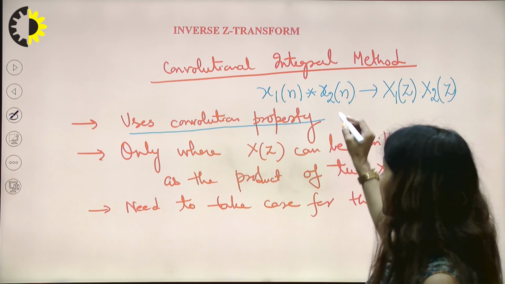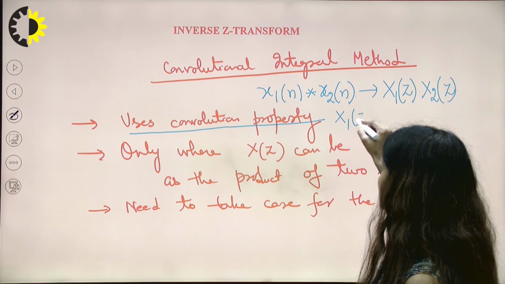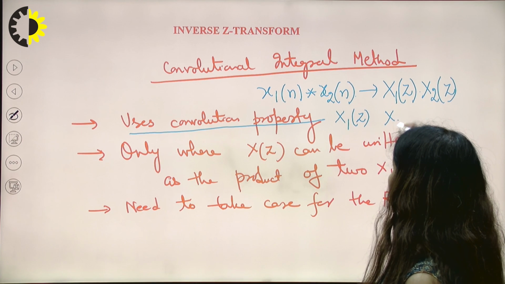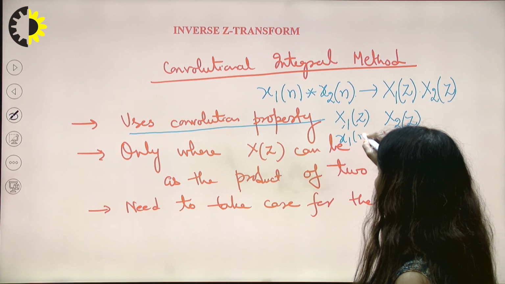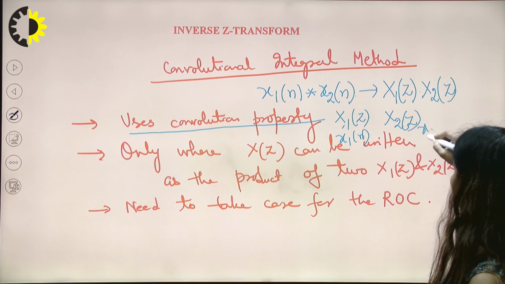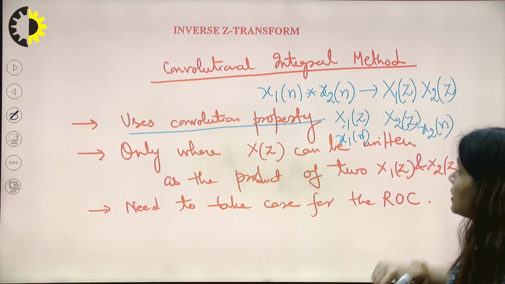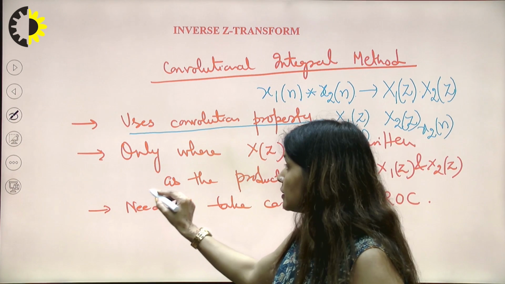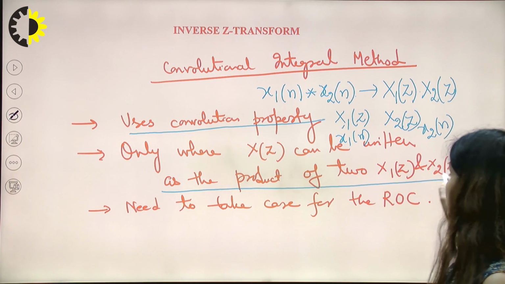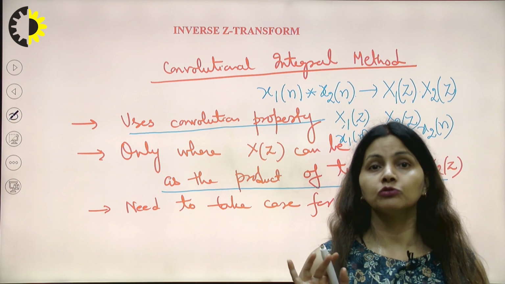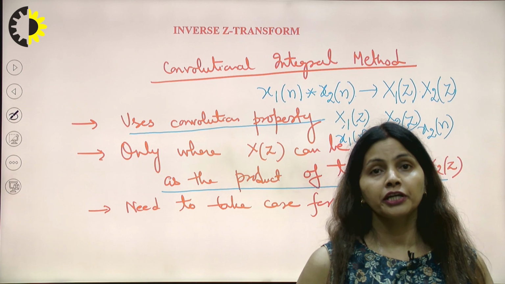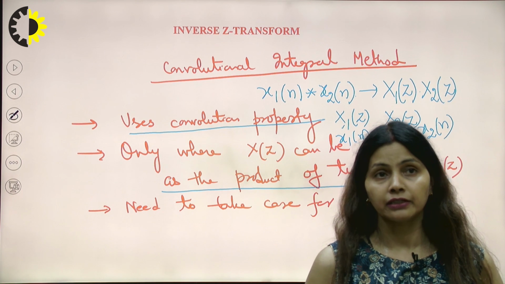So I need to calculate for X1(z) first, after that for X2(z), and only then can I write the sequences x1(n) and x2(n) corresponding to X1(z) and X2(z).